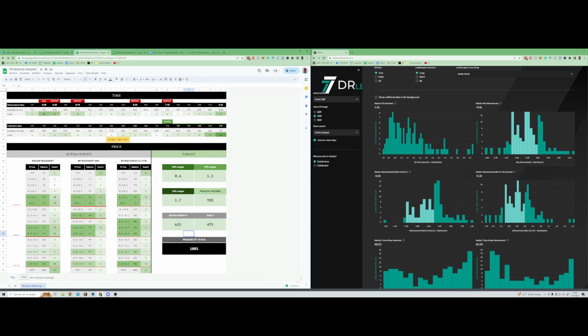So the more you go, the later it gets in the day, or the lower price retraces, the higher this stack becomes. So I'm not sure if it's actually giving you some certain idea of whether it's good to do this, but it does give you an indication of whether your entry is good or isn't good.